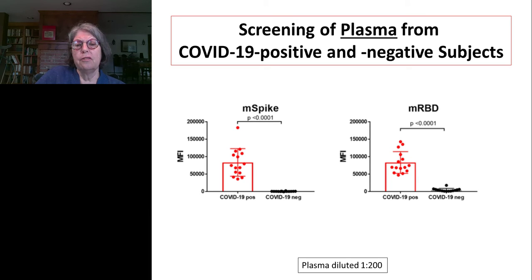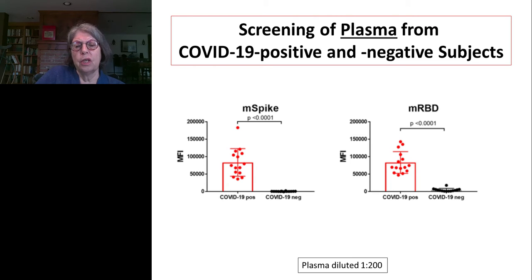On the left, we're showing the results with the beads that are coated with the spike protein. M just stands for the fact that it was expressed in mammalian cells. And on the right, you see the results using the RBD, also expressed in mammalian cells.